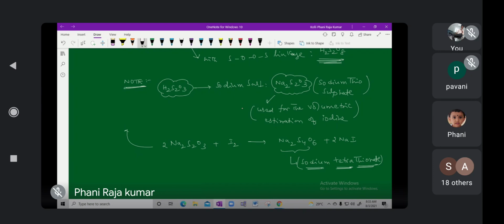We have two titrations: iodometric and iodimetric titrations.